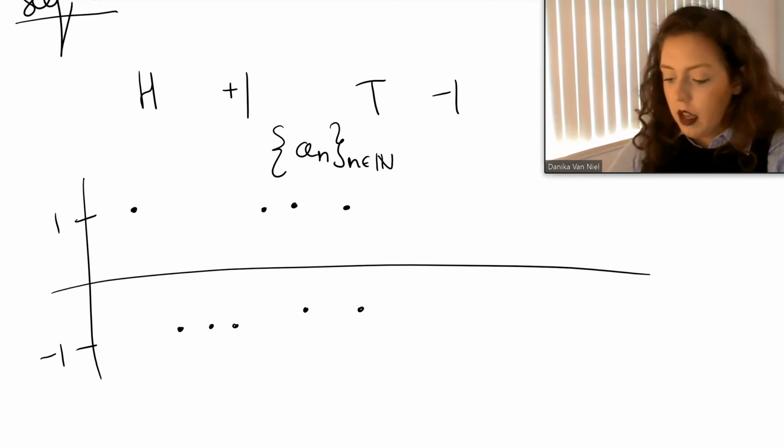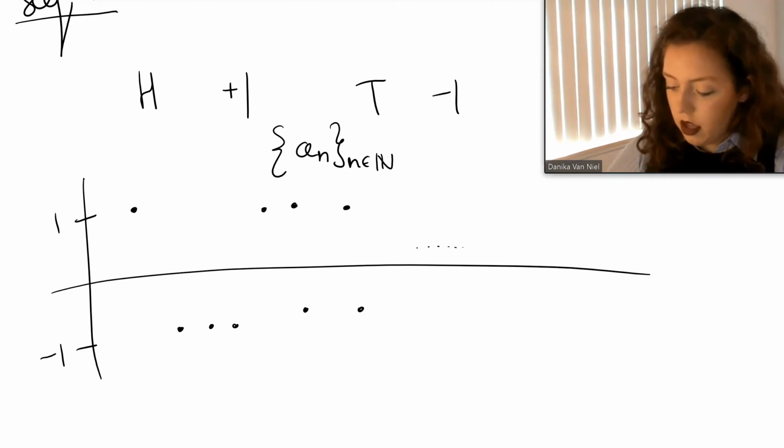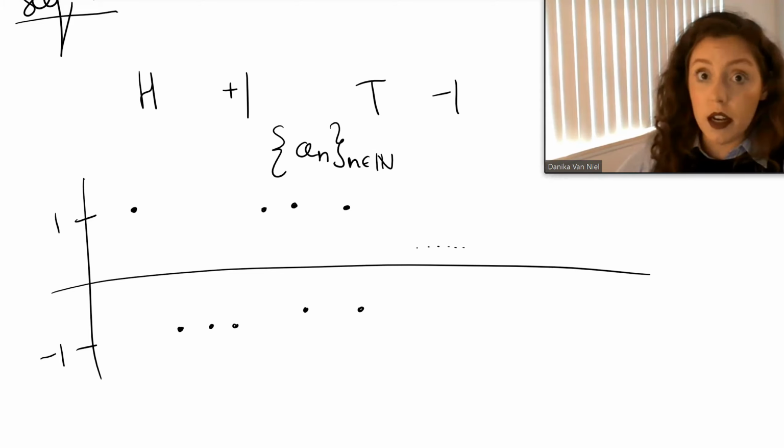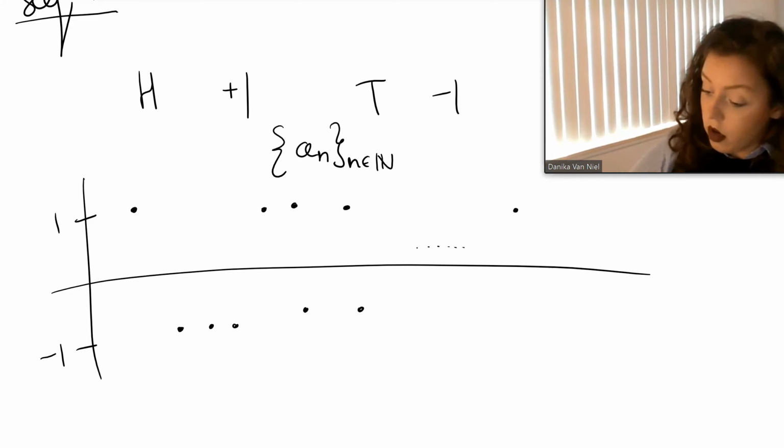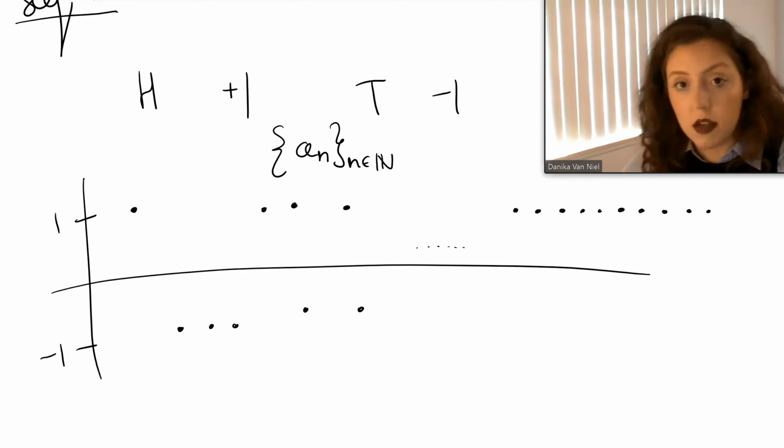Okay, now those are just supposed to be dots. So let's say we go down the line and all of a sudden you have this pattern where it does heads a bunch of times in a row. Let's say like 20 times or something, I don't know.